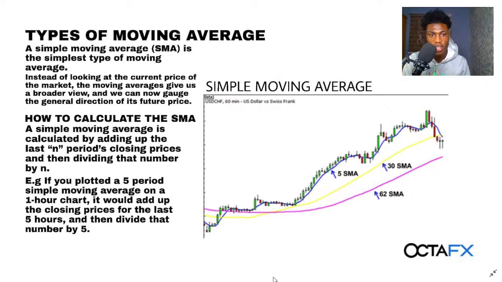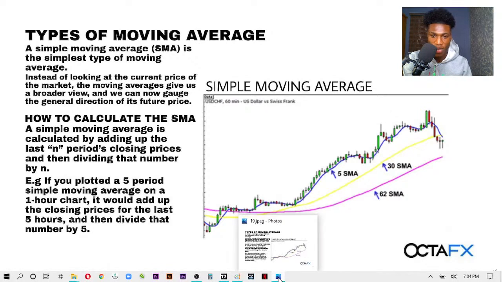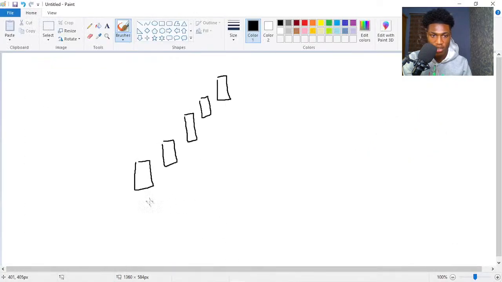It's going to take the closing prices of those 5 candlesticks and divide the number by 5. So let's say this candlestick closed at $1 and this one closed at $2, and 3, 4, and 5. What the moving average is going to do is add up the total closing price, which should give you 15, and divide it by 5.